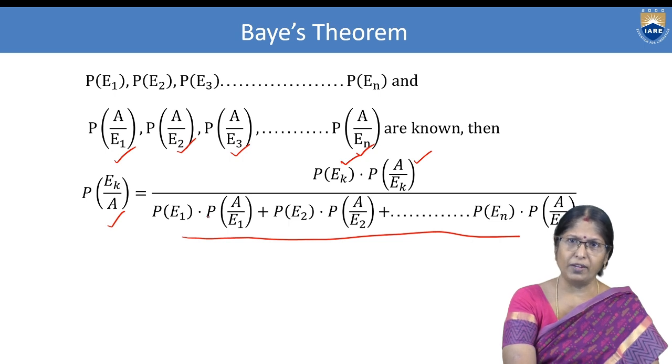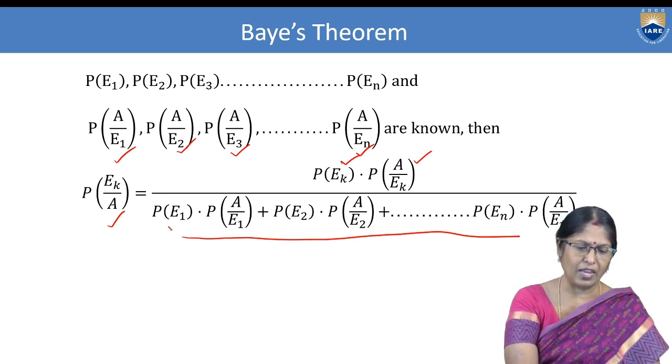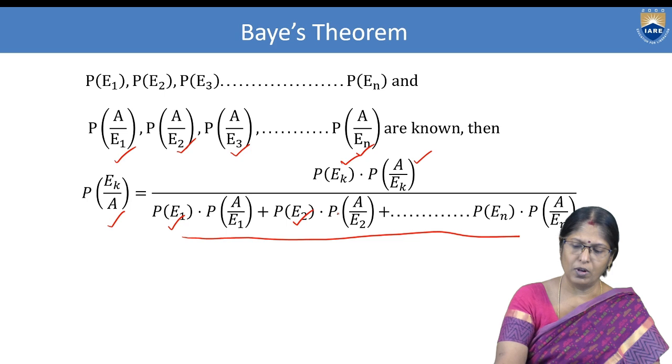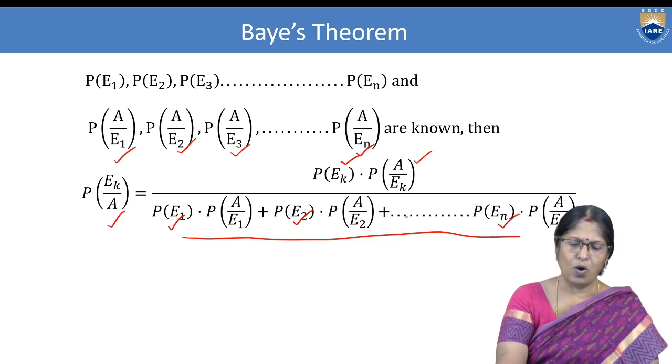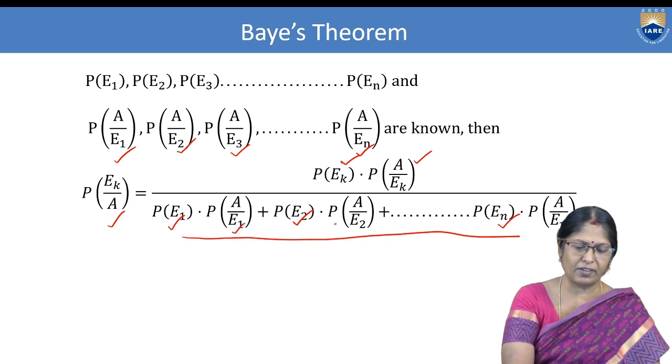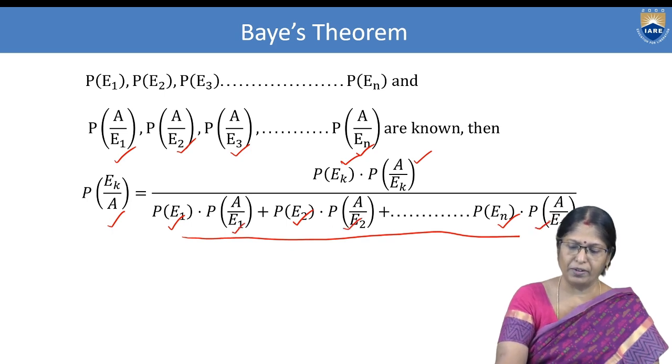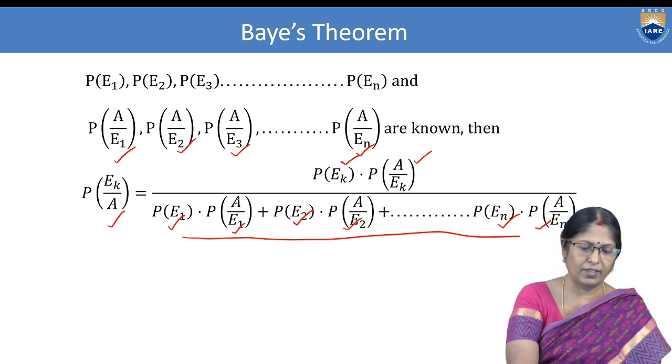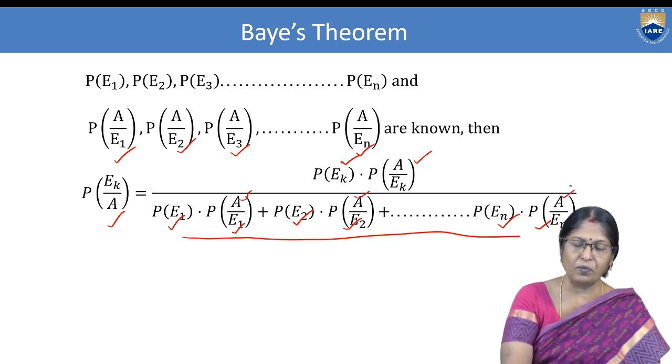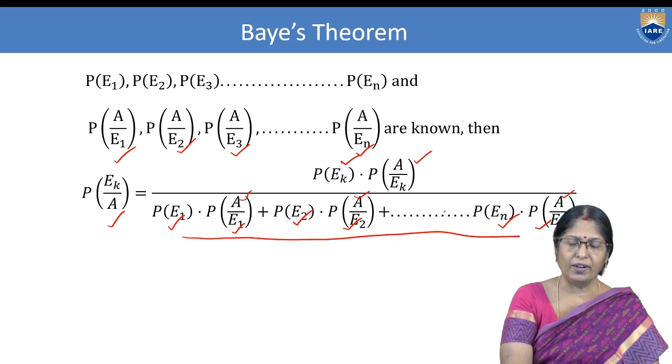In the statement, the main events are E1, E2, up to En, each multiplied by the probability of the intersecting event. This is the way the Bayes theorem formula is framed.